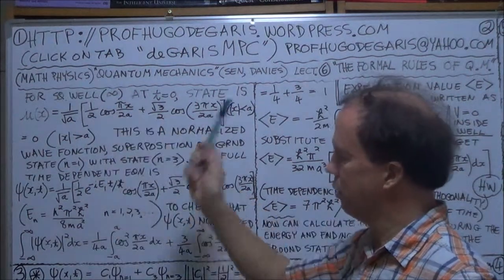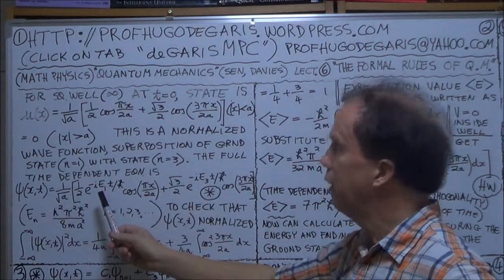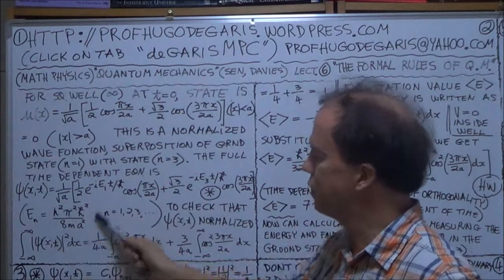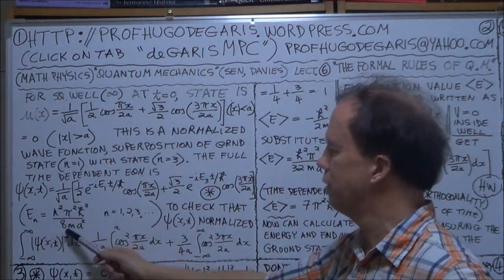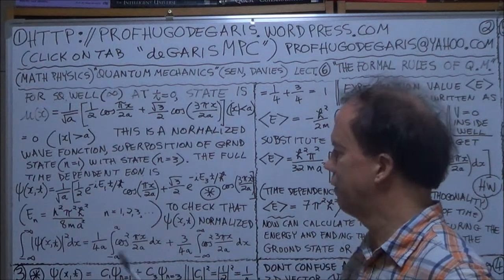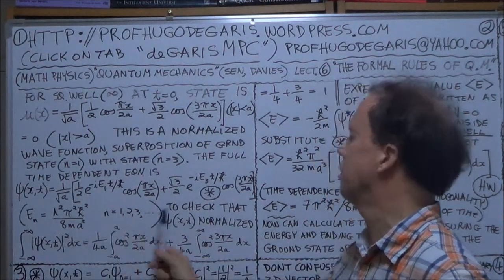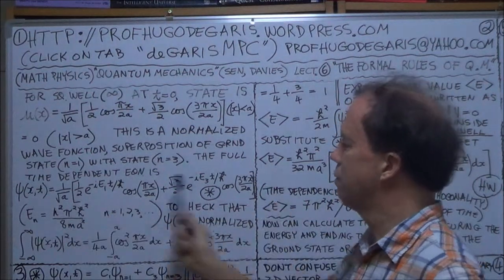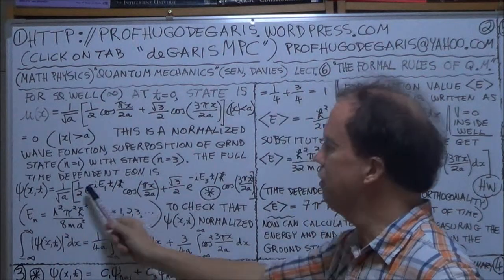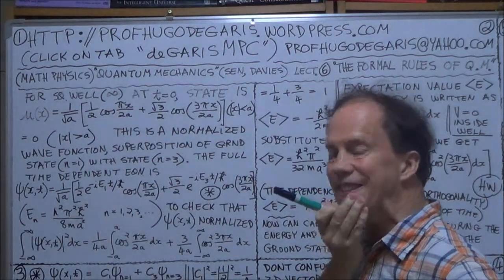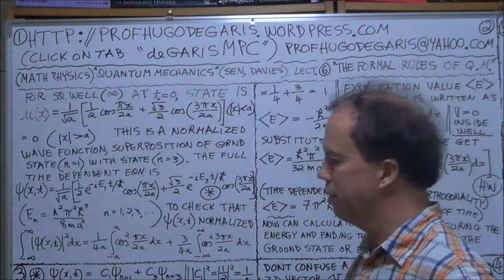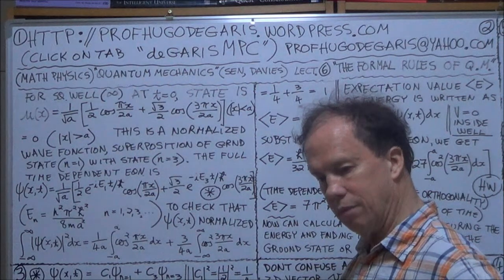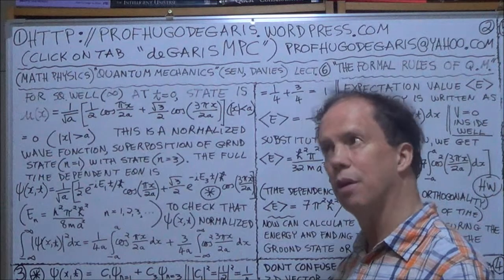From earlier work on the solution to the infinite square well, your allowed quantized energies took this form: n squared pi squared h bar squared over 8m a squared, for integers n equals 1, 2, 3, and so on. We're assuming we have two solutions, and what we're trying to show is that the combination is quantized.